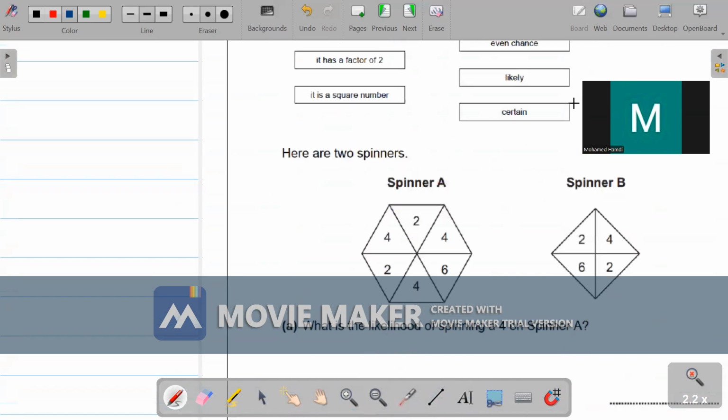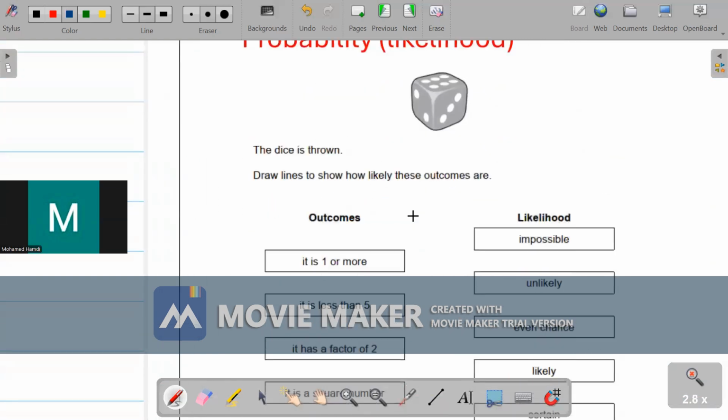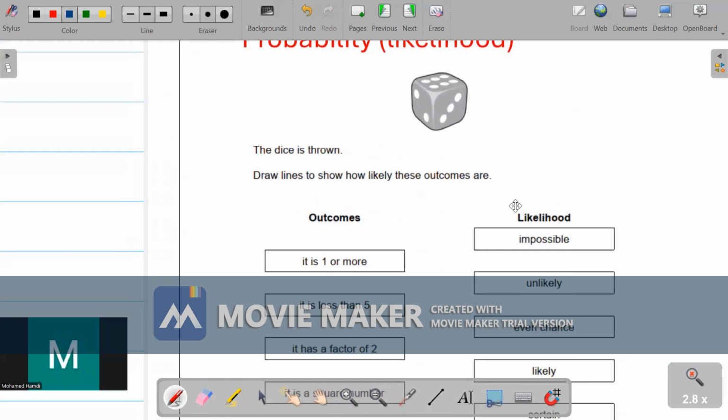Let's solve some very simple problems. On a dice, you have 6 faces, so the total number of outcomes is 6 faces. You need to find half of the total, which is 3 faces.